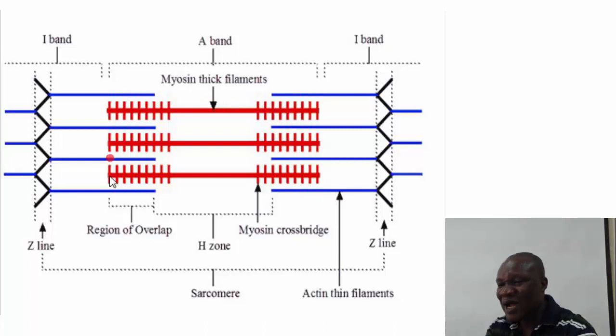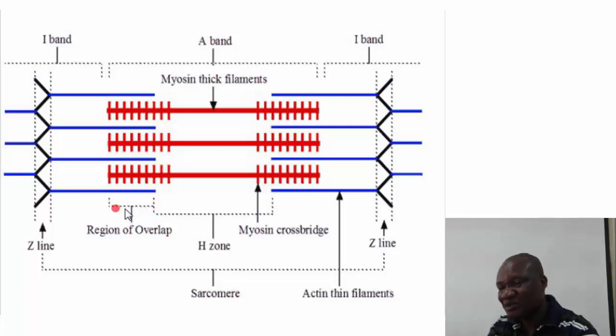Now within the A band, in a relaxed muscle, there is a lighter shade, a lighter region within the A band. This lighter shaded region within the A band is called the H zone. We have the H zone because at the edges of the A band, we have alternating thin filaments with thick filaments.